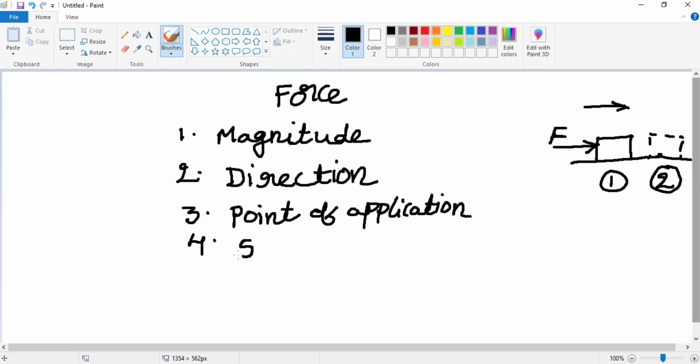Fourth one is sense. These are the four important characteristics of force.